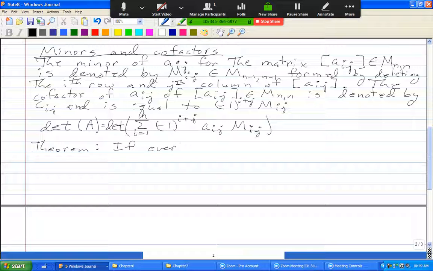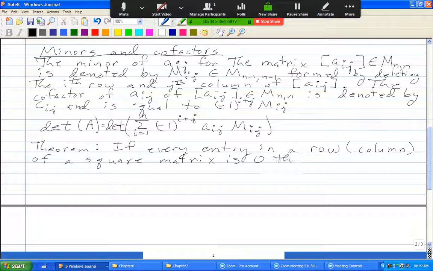If every entry in a row or column, doesn't really matter, of a square matrix is 0, then its determinant is 0.